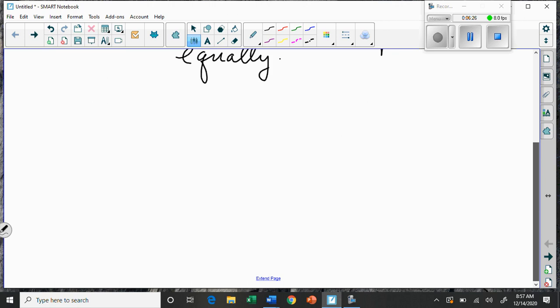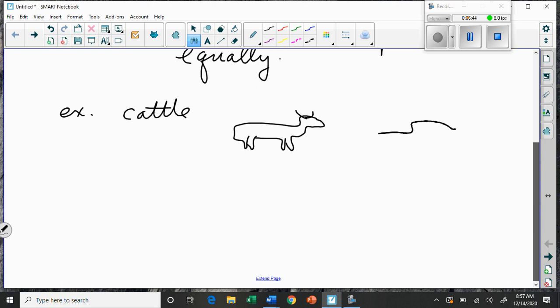For instance, in cattle, here's an example of this. You can get a white cow. Here's a cow. Okay, here's white. And then you can get a brown cow. Oh, this cow has a big head and very little legs.